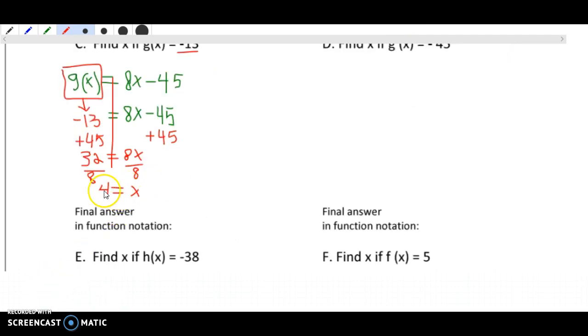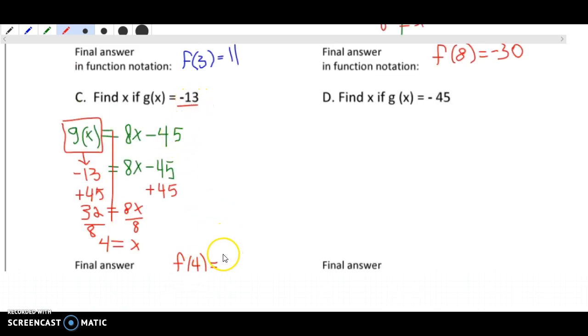We found out that x is equal to 4, so our input value is 4. I'm going to write that as function notation. So g of 4 is equal to negative 13.